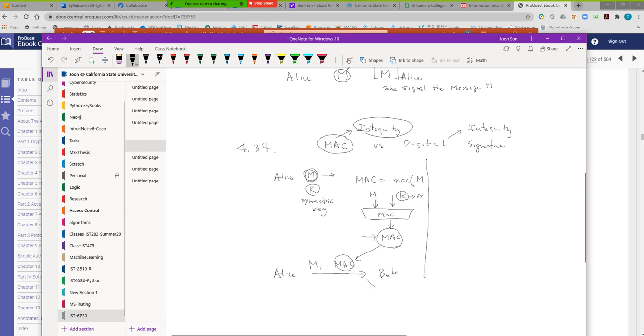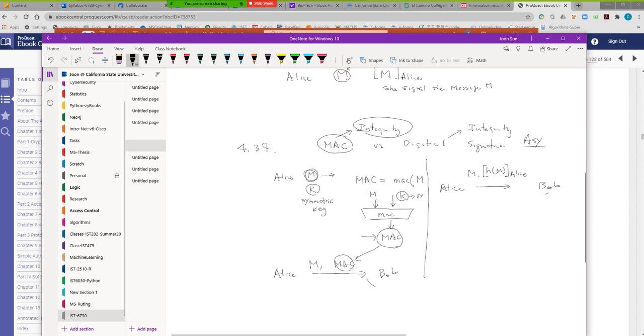And the digital signature, of course, uses asymmetric encryption, right? Alice sends Bob the message, and then H of M, and her signature.